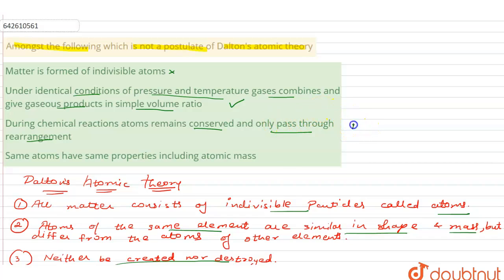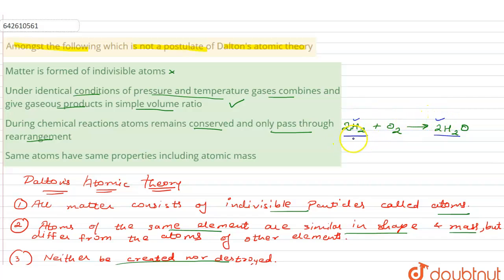For example, if I'm having hydrogen and oxygen, 2 parts of hydrogen combine with 1 part of oxygen to give me 2 parts of water. Over here, we have 4 hydrogens, and 4 hydrogens over here also. But look at the state.